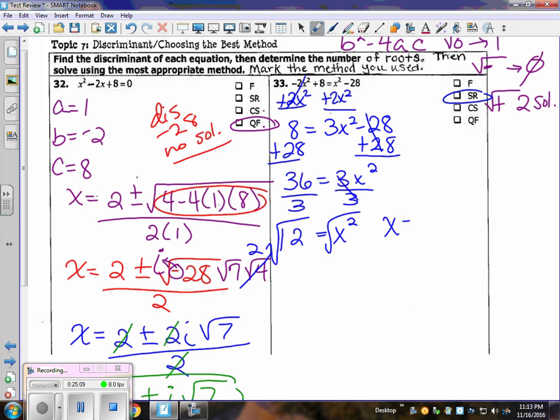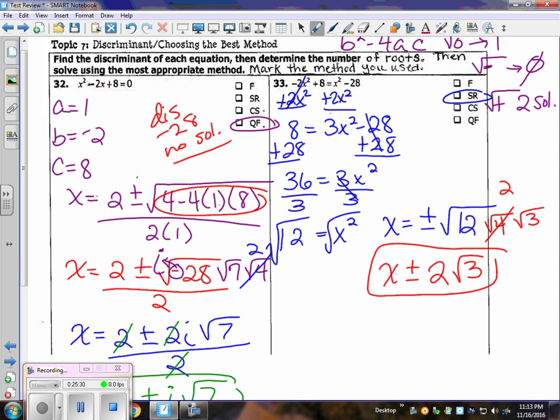So x is going to equal both a positive and negative square root of 12. Now, of course, 12 is not perfect, but that funny little 4 seems to pop up everywhere. Square root of 4 is a 2. So x plus or minus, bring out that 2 and keep your root 3. So x equals both a positive and a negative 2 root 3.